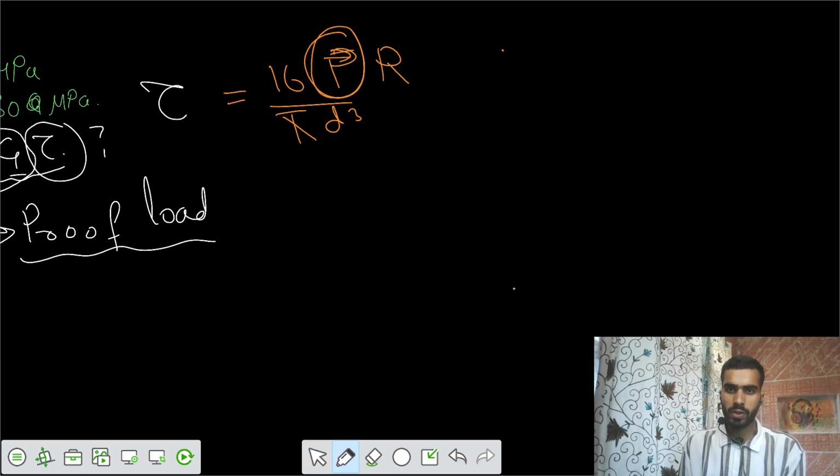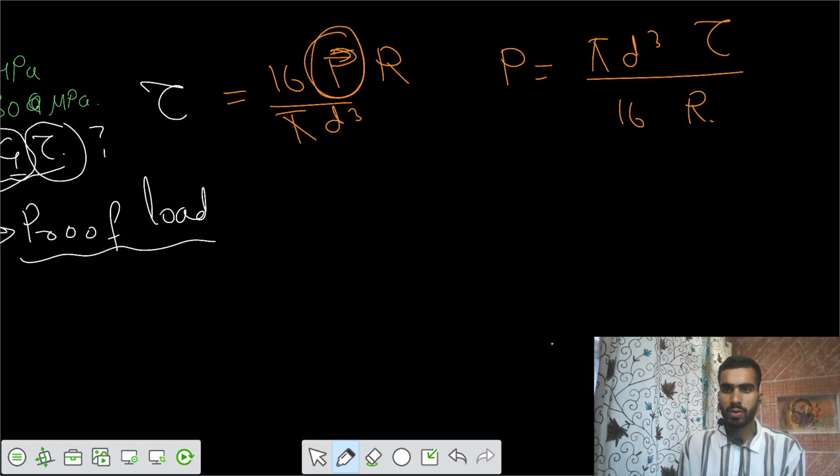So if I write that equation, P equals pi d cube tau by 16r, and based on these values I know that the value of P is a function of d, because your tau is same for the two materials and r is also same. So I say P is directly proportional to diameter cube for this problem.